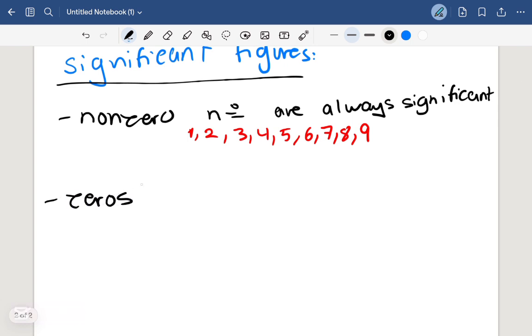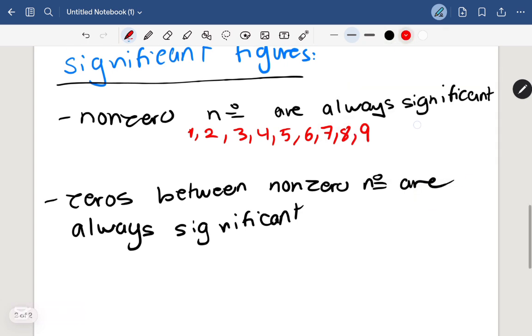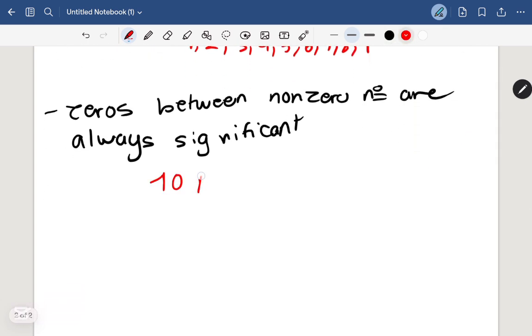So, you can have, for example, numbers like 101, 20,326, or 5,005. These are also significant. Why?